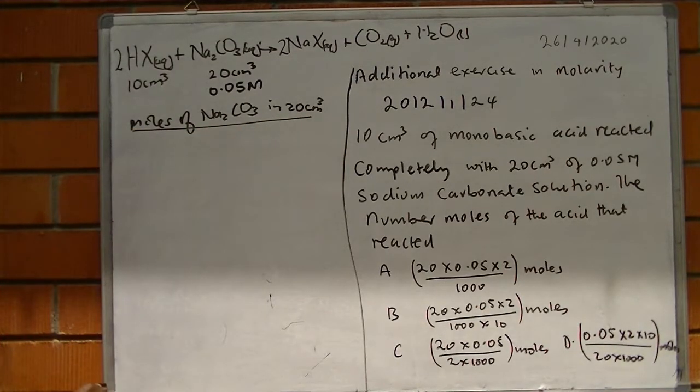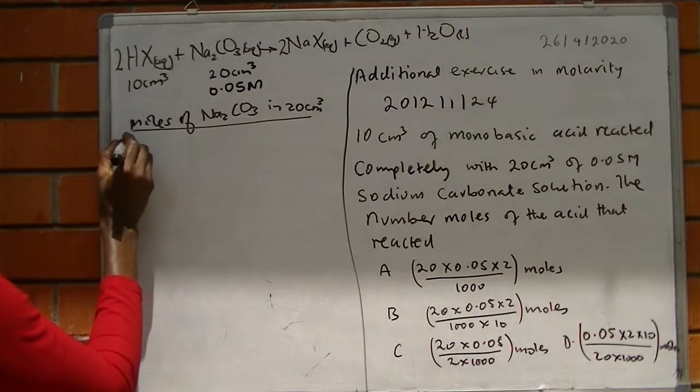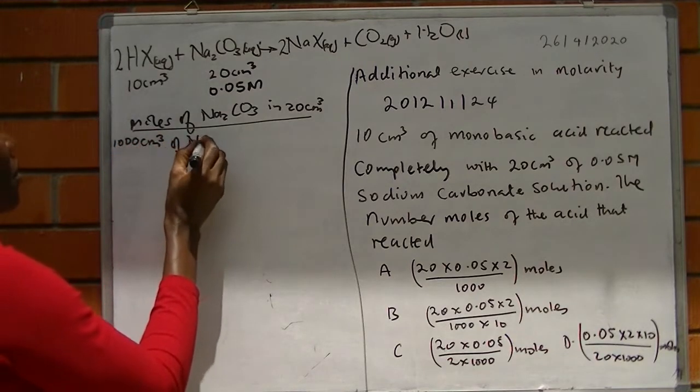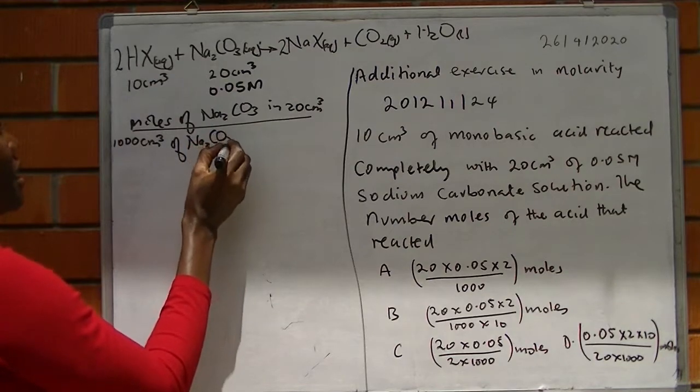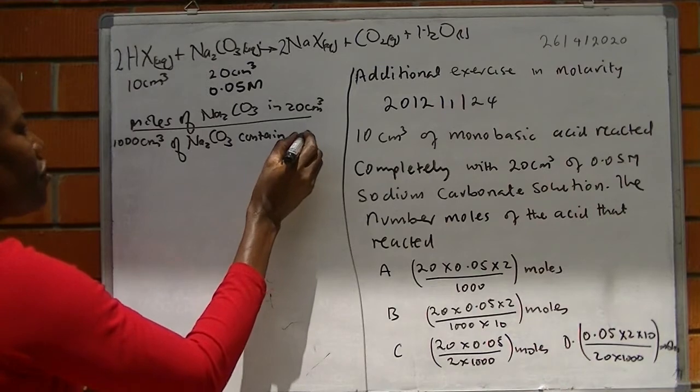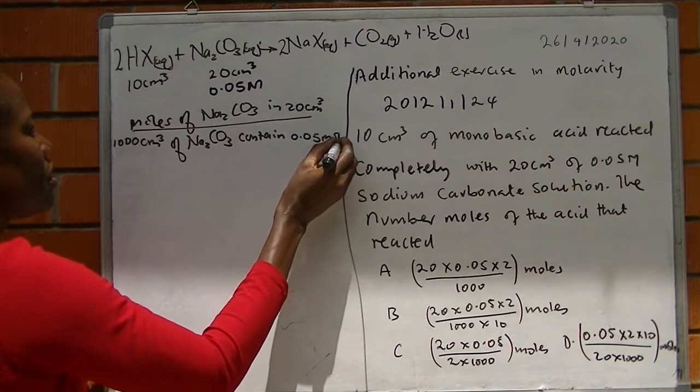As usual, capital M means molarity, and molarity is the number of moles contained in 1,000. So 1,000 cubic centimeters of sodium carbonate contain 0.05 moles.